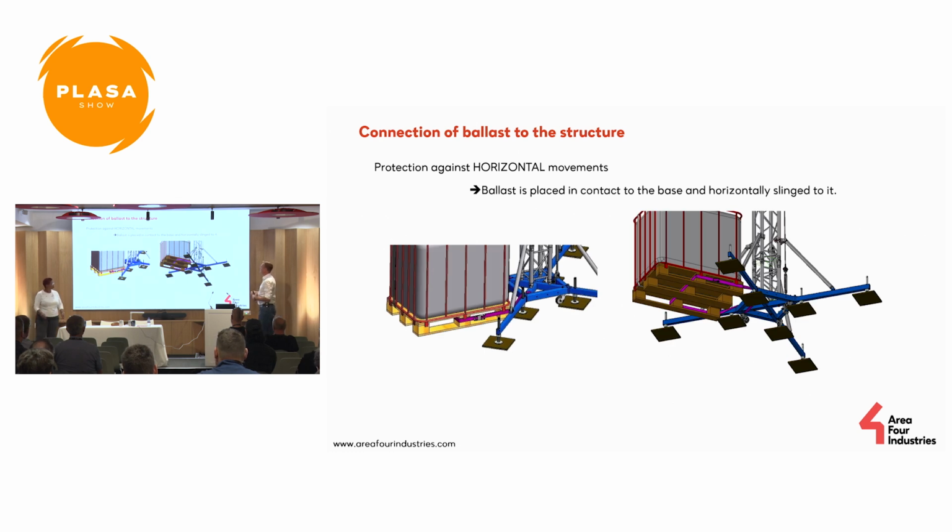That means you can, just as an example, here it's not perfectly shown because there's a gap between the pallet with the IBC on top and the base itself. This should be directly in contact, then slinged around with a ratchet. That means then it cannot move horizontally wherever.